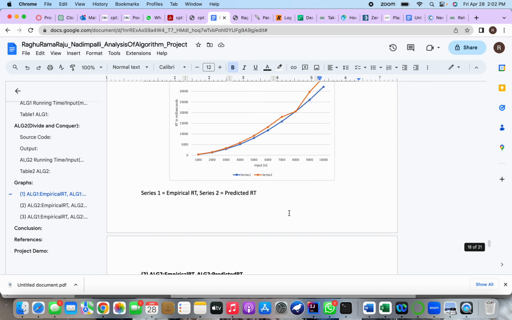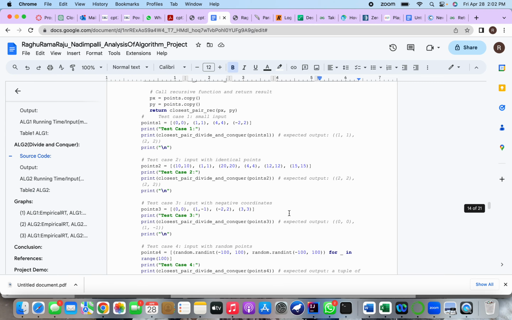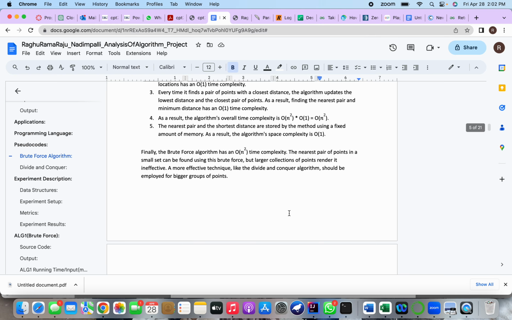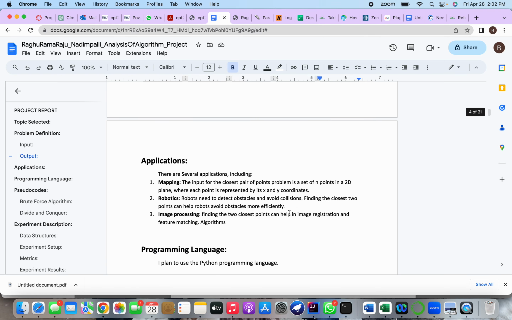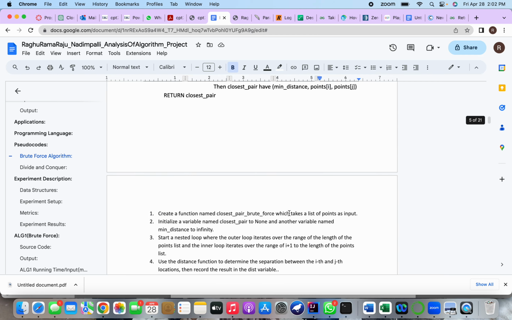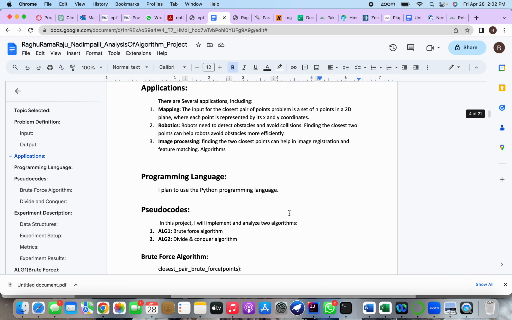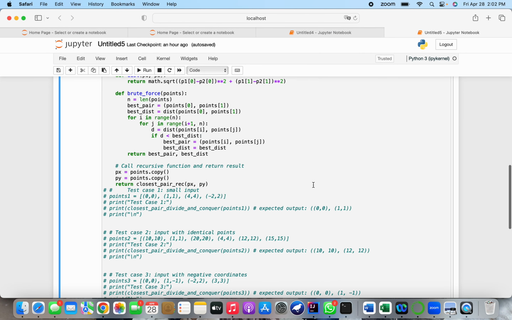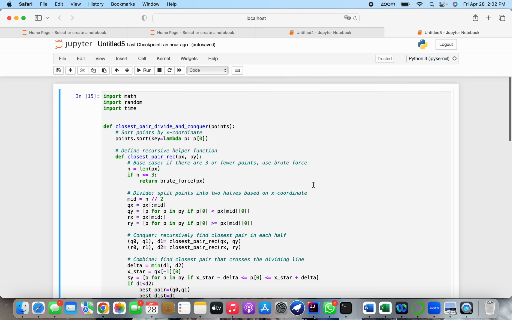And I think that's it. I think pretty much I have covered everything. I don't think I missed anything. So I used a Python program. Sorry, I think I forgot to mention this before. So I used Python programming here to compute the closest pair problem.